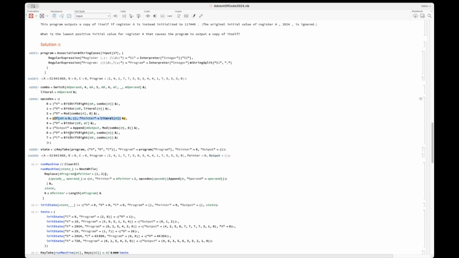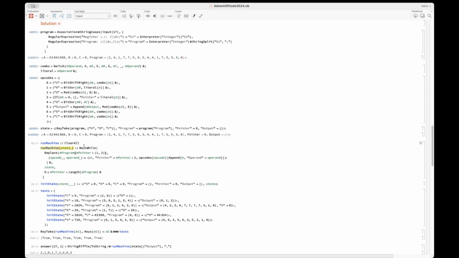I think this is the instruction that allows you to jump around in the program. If register A is 0, you don't do anything. But if it's not, you change the pointer to the literal operand given to this code. I think this is 3, so at the end you see that you are jumping back. You immediately see that this program is some kind of loop. You do some operations, then you jump to the beginning of the program.